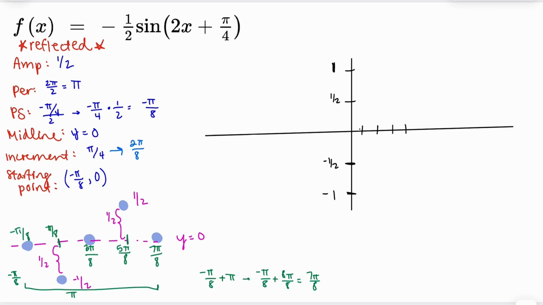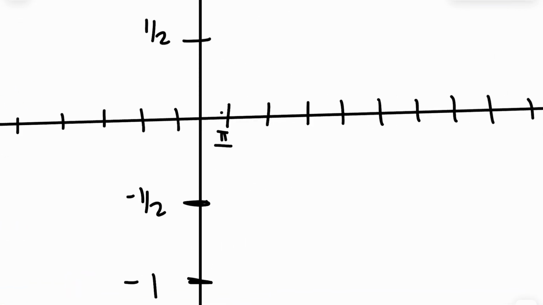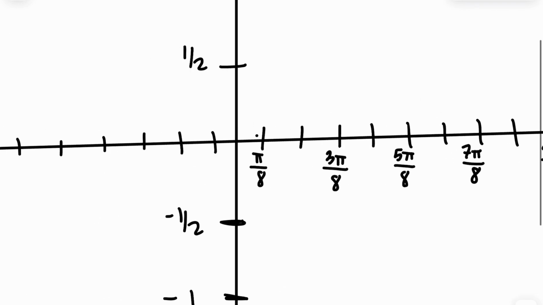And I'm going to count up by pi over 8 so that I can effectively graph my phase shift. We just have to be careful that our increment is 2 pi over 8. So I'm just going to go ahead and label every 2, because that's where my points will actually be moving. Right, so let me explain that one more time.